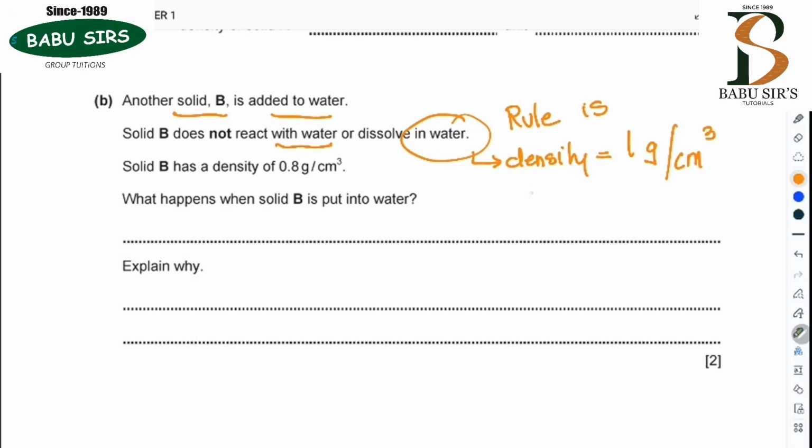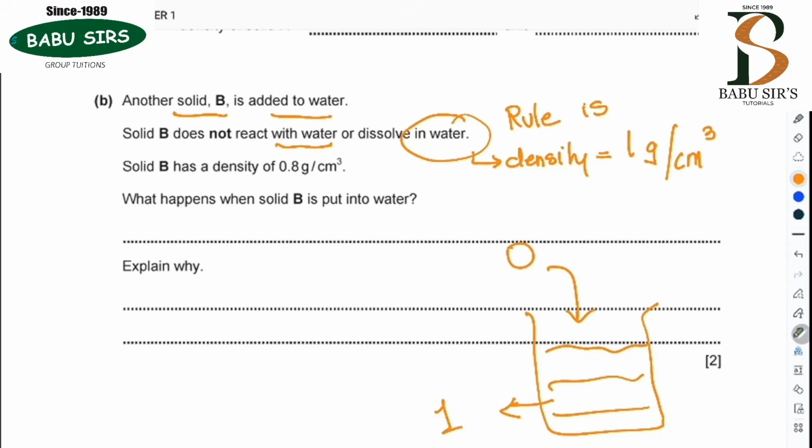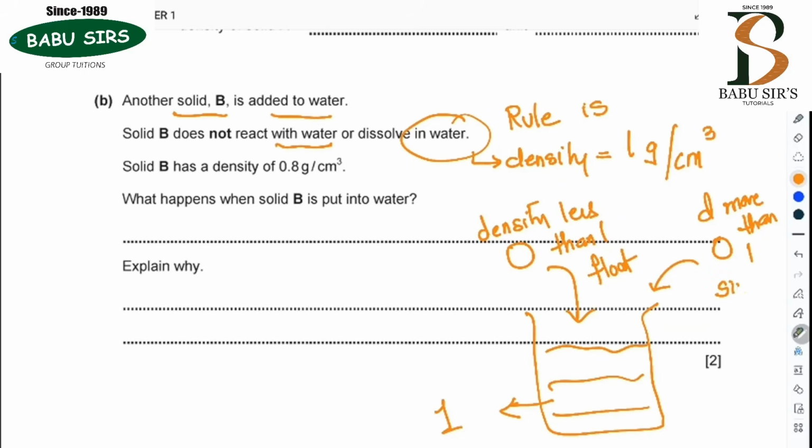Now if you put anything in this, so this is your water. Now water density is 1. Now if you put anything in this with density less than 1, it will float. And if you put anything in this with density more than 1, it will sink.